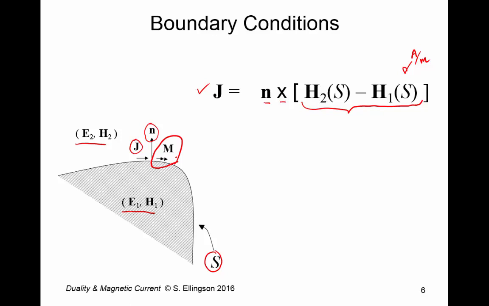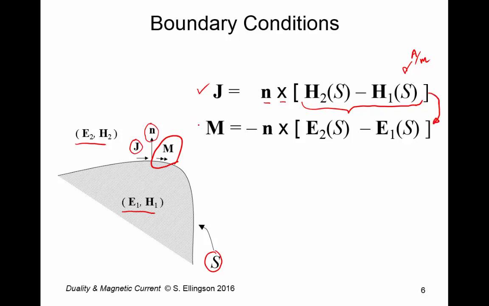Now we introduce the magnetic current. We represent that as being a double-headed arrow. This is a fairly standard way to do this. So if you see a double-headed arrow, that's a pretty good indication that we're talking about magnetic current. The relevant boundary condition we can obtain using the duality principle.